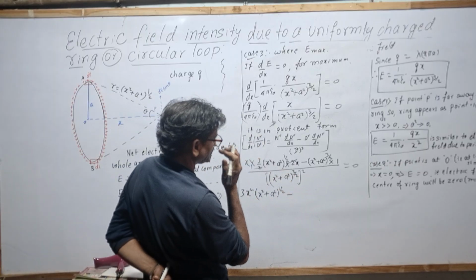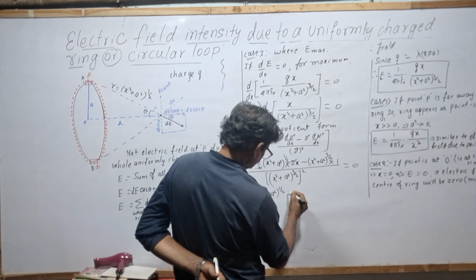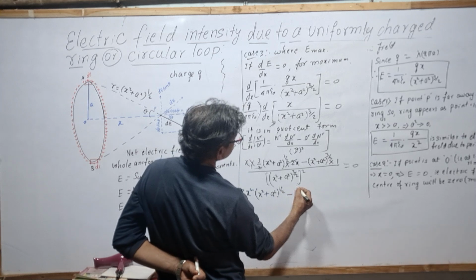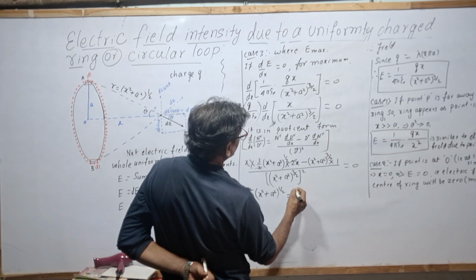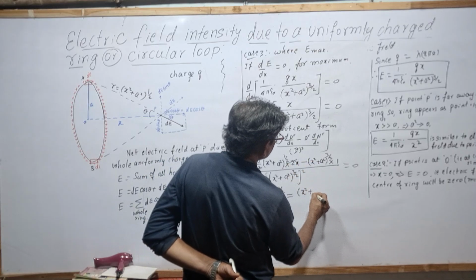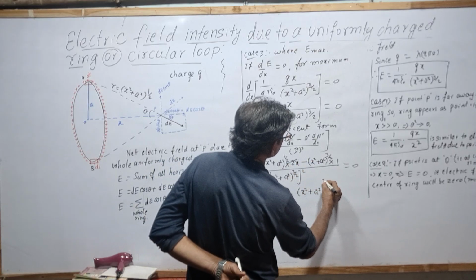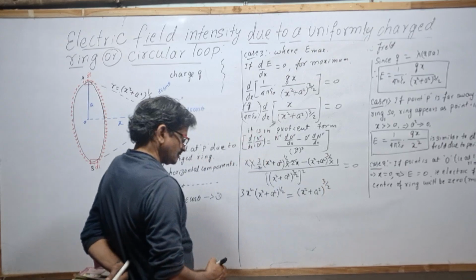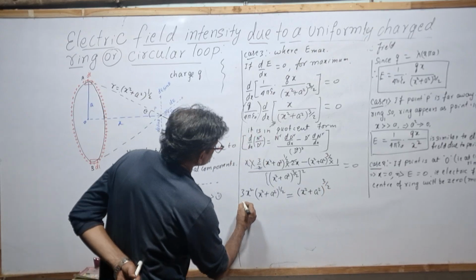Leave it, beta. Therefore this term you take that side: x square plus a square to the power 3 by 2.